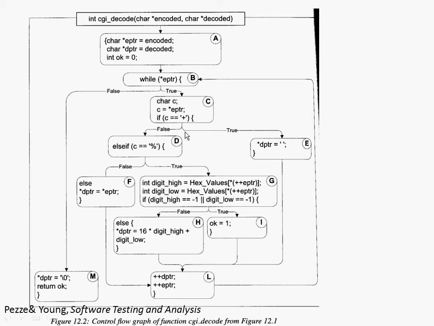A, B, C, D, F, L. Okay. And then B. And then C. And then D, G, H. Yeah.